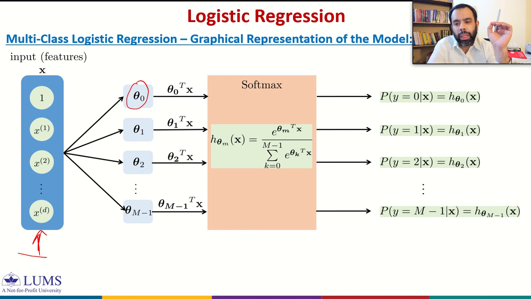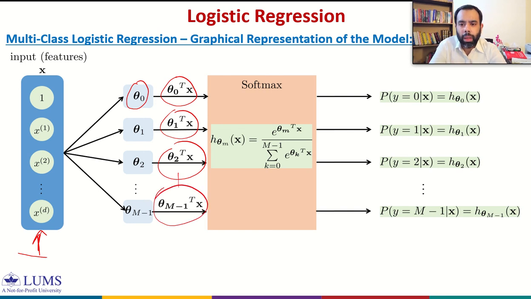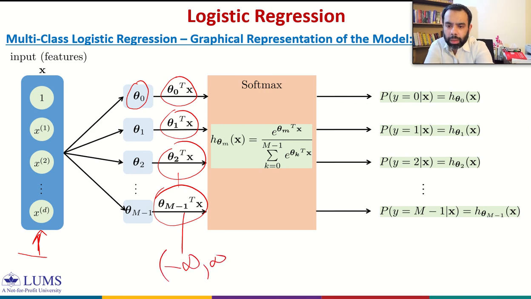Theta m minus 1 contains d plus 1 parameters for class m minus 1. When you take the inner product of x with theta 0, you get theta 0 transpose x, then theta 1 transpose x, theta 2 transpose x, and so on, up to theta m minus 1 transpose x. So we have a scalar for each class. Theta 0 transpose x is a scalar, but each of these scalars is in the range from minus infinity to infinity.